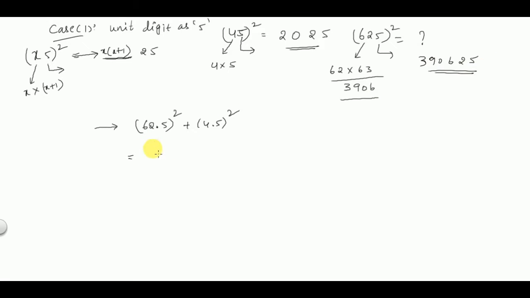So 62.5 whole square will become 3906.25. For 4.5 whole square, 45 whole square is 2025, and the point comes after a single digit multiplied by 2, so after 2 digits, and it becomes 20.25.